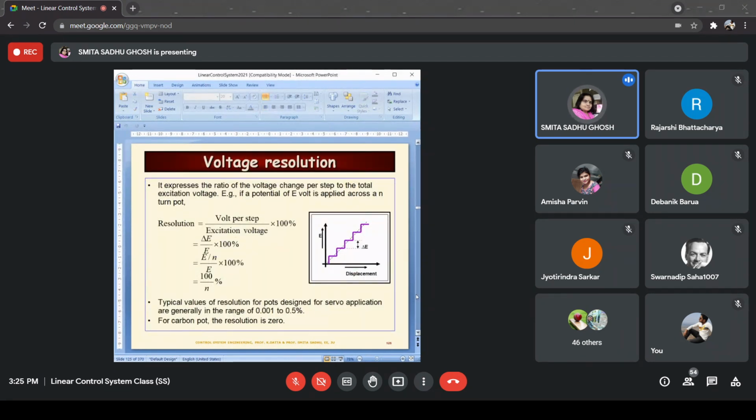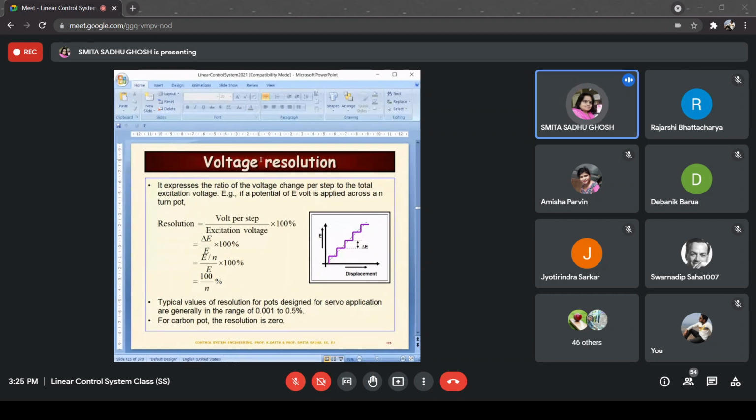This is actually what we call resolution. We have studied what resolution means, but we have not yet got an expression for it. Resolution is defined in two ways, one of which is known as the voltage resolution.